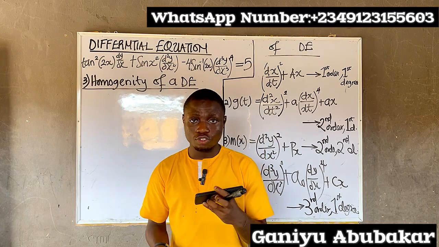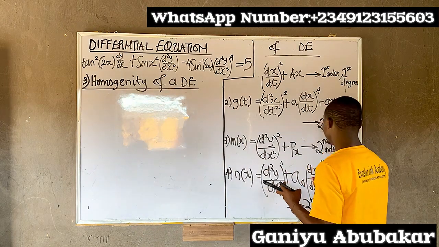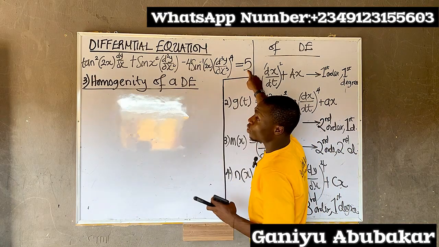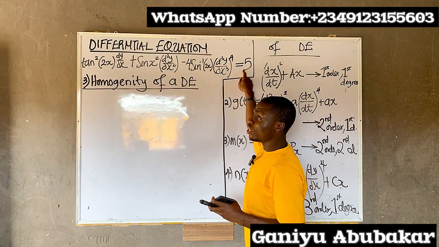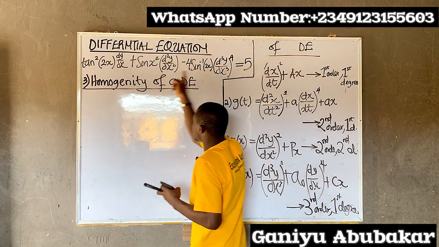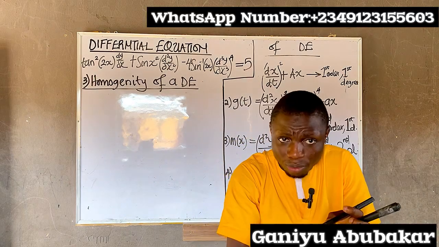So for instance, this one here is not equal to 0. If it's equal to 0, it's said to be homogeneous. In this case now, this is non-homogeneous. Why? It is not equal to 0.